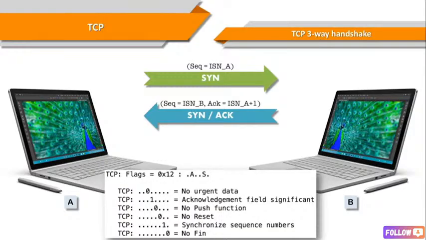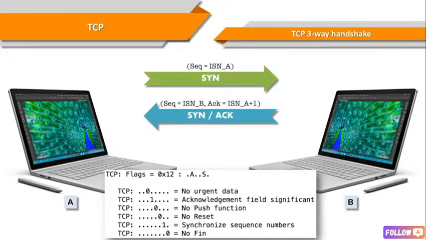This packet will have a sequence number of ISNB, a pseudo-random number assigned by machine B for this connection. The SYN-ACK packet will have an acknowledgement number of ISNA plus 1, indicating that machine B has acknowledged the SYN packet from machine A.